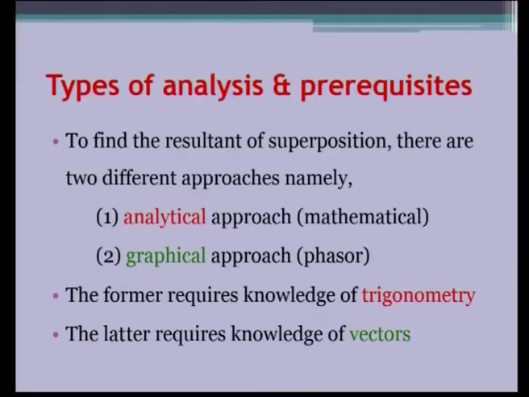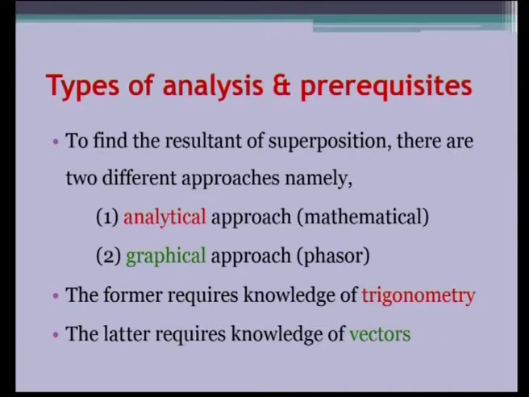What are those categories we have? Let us see. The types of analysis and the prerequisites for the understanding of superposition. To find the resultant of superposition, there are two different approaches, namely the analytical approach, which is purely a mathematical approach, and the second one is a graphical approach.